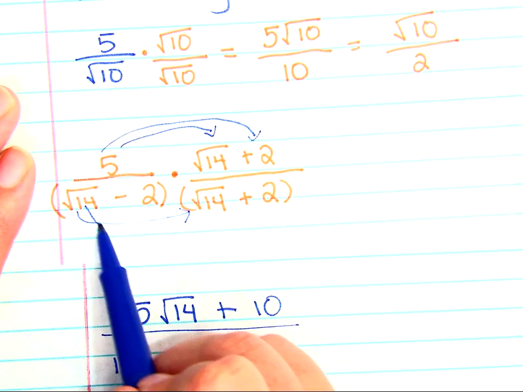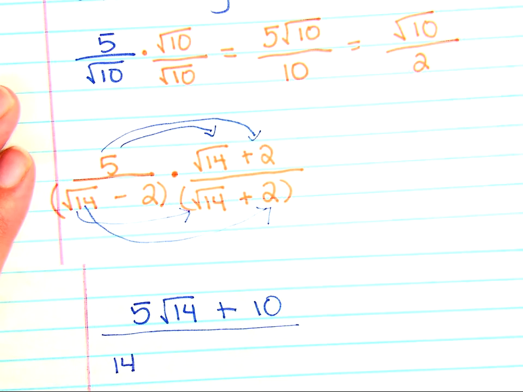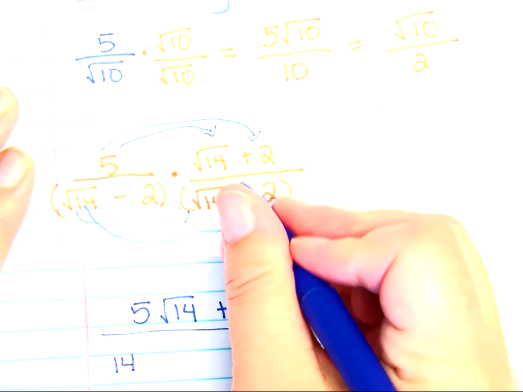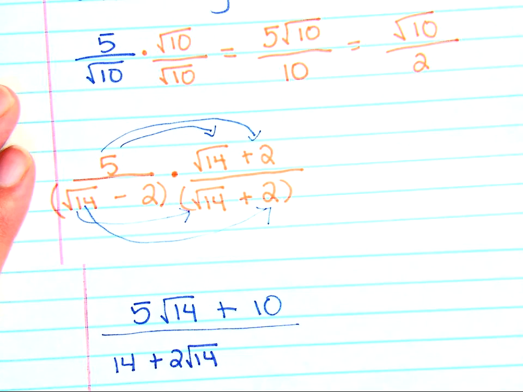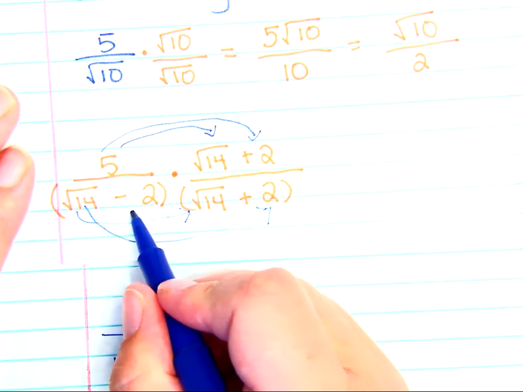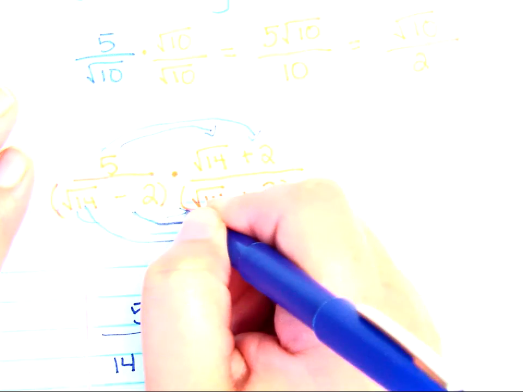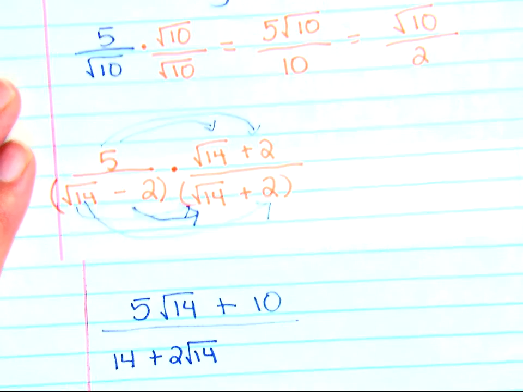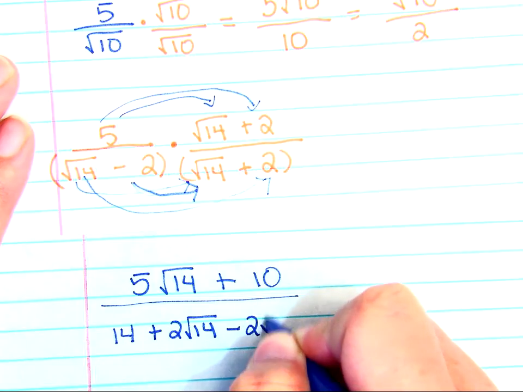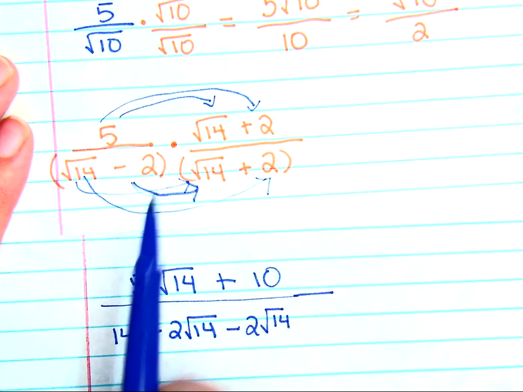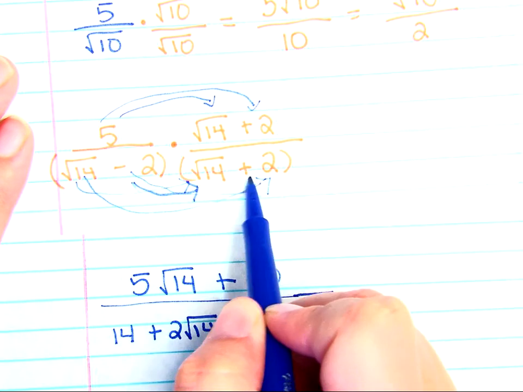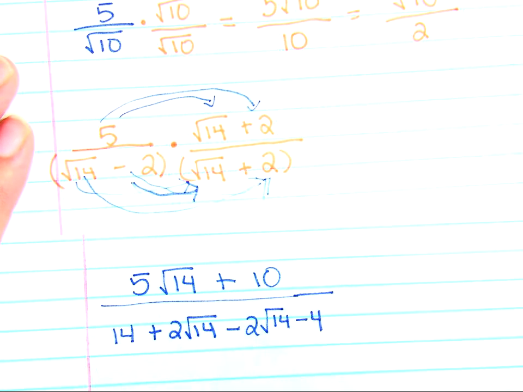Then square root of 14 times 2, and it's positive, so plus 2 square roots of 14. Inner would be a minus 2 times the square root of 14. Okay, and then my last would be negative 2 times positive 2, so minus 4.